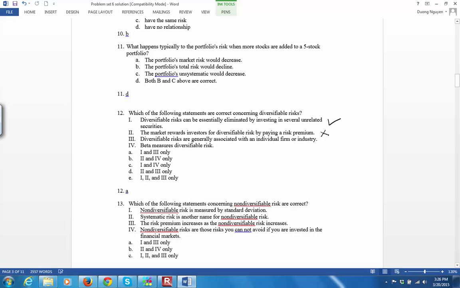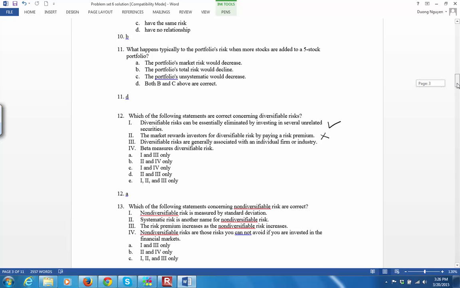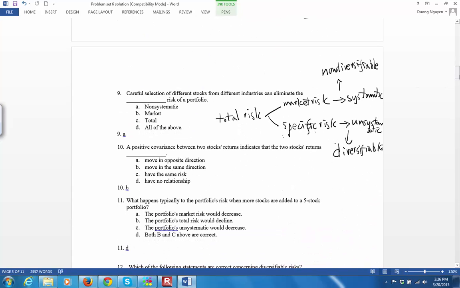So this is not correct. Going back to what we had before, because this risk can be diversified away, it is irrelevant risk. Investors don't earn return for the specific risk, because it can be diversified away.